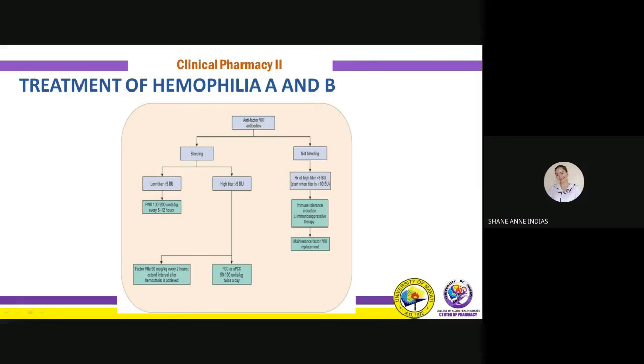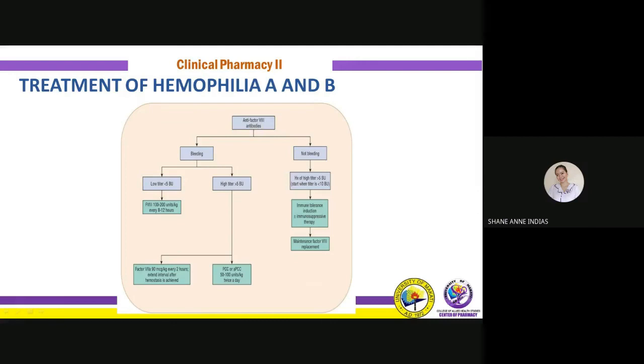So yung mga ini-infused na factors like factor 8 sa parang part ng replacement therapy dun sa mga patients na yun, nade-detect sila as foreign protein. Nade-detect sila ng body as foreign protein which may provoke an antibody response.